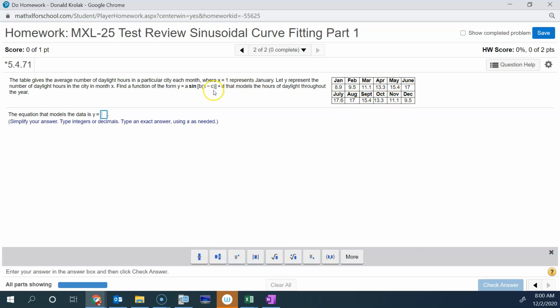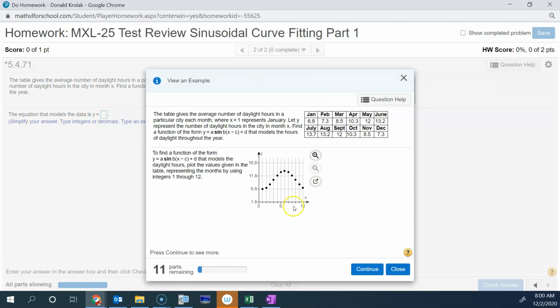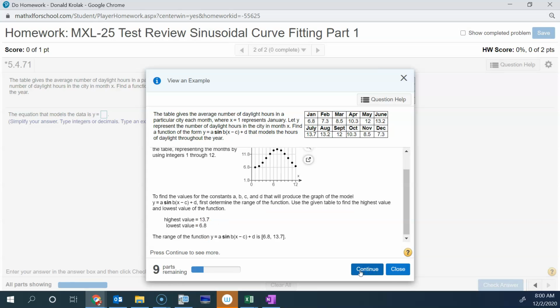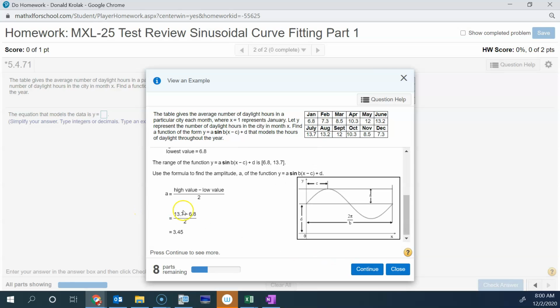Yeah, there's no phase shift on this. I'm going to show you why here. All right, that's what we just did. We got the highest and the lowest. Then we got our amplitude.